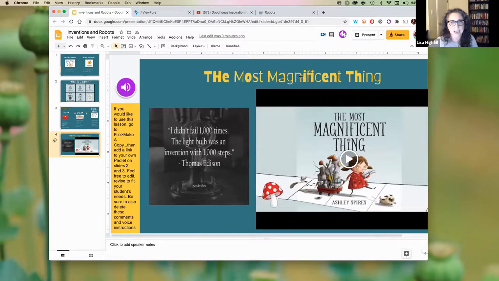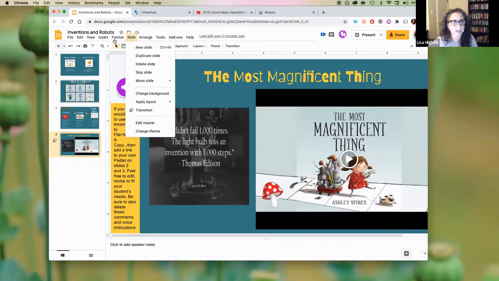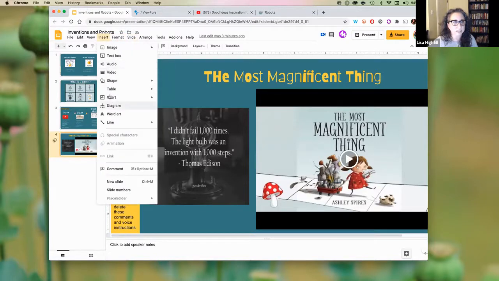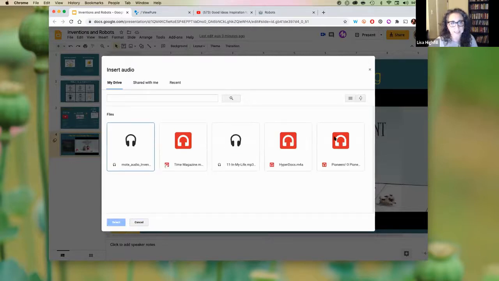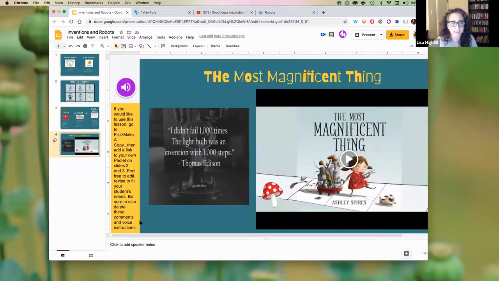I know I could do insert audio here, but I had to have it in my drive, and I had to go through WeVideo or somewhere else, maybe my phone, and send it to my drive if I did a voice recording. Mote is a nice little extension I'm having some good luck with.